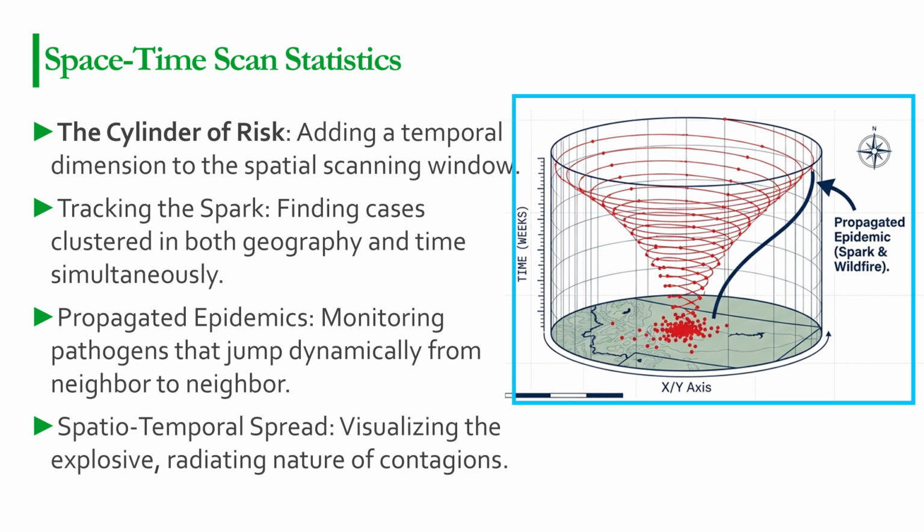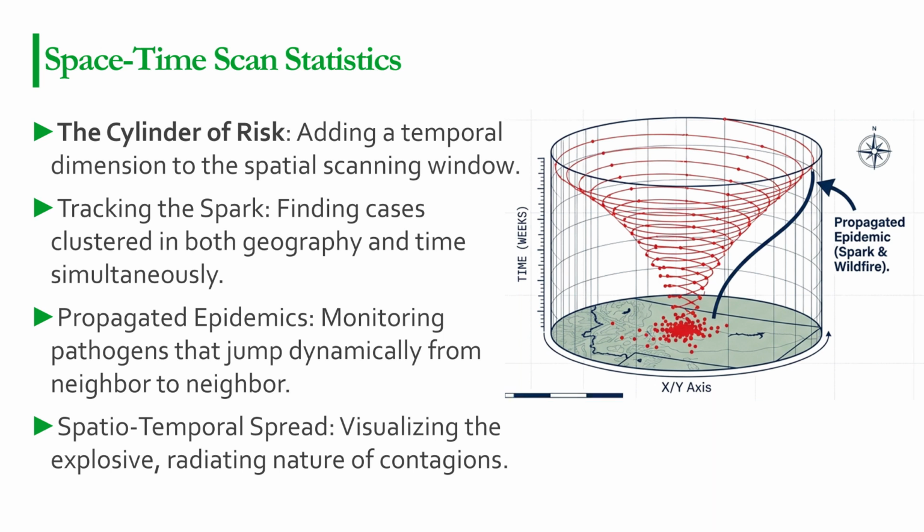The method searches for groups of cases that are clustered in both space and time at the same moment. This is especially important for identifying a propagated epidemic. In a propagated epidemic, one case infects others, and those new cases then infect additional cases.